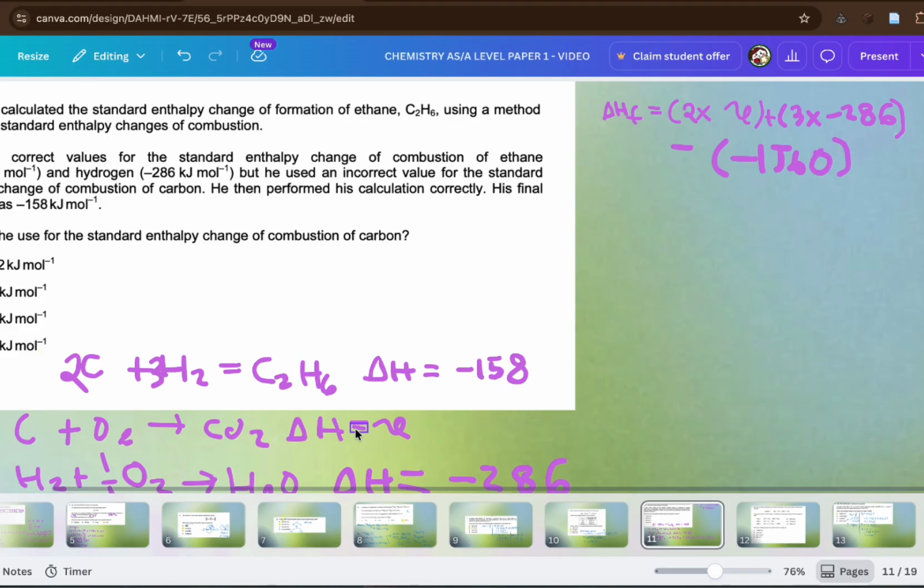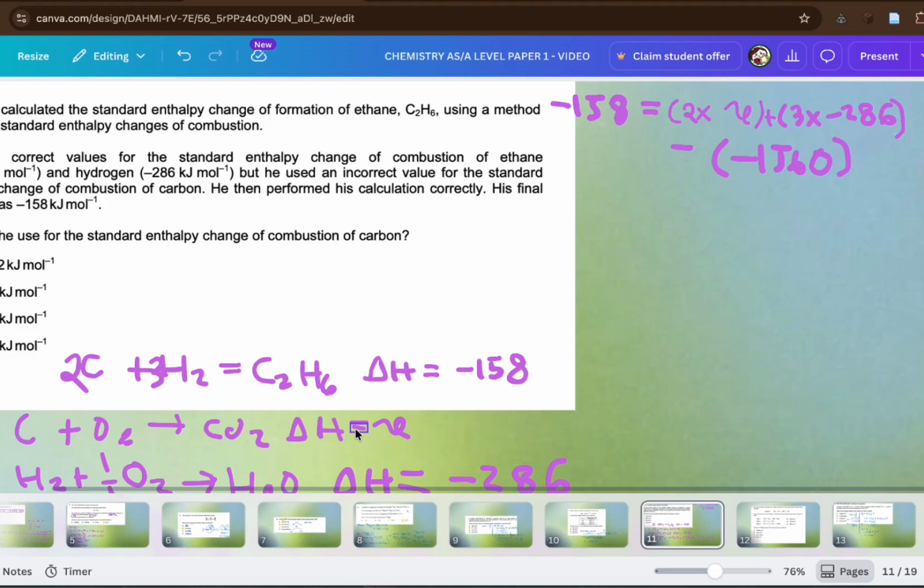The enthalpy change of formation method is negative 158. Negative 158. Okay. We will calculate that.